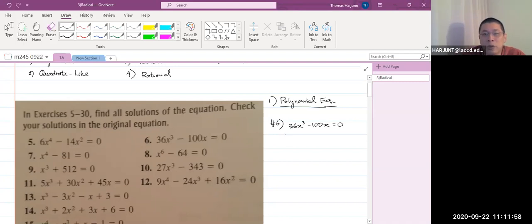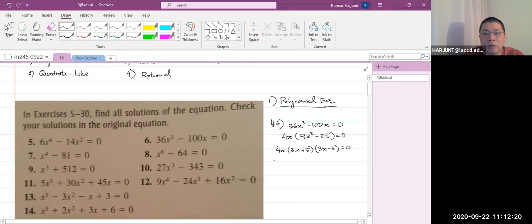In this case, we have common factor 4x. So I take 4x out, I have 9x squared minus 25 left inside. Factor further: the expression inside the parentheses is a difference of squares. From there we see that x1 is 0.